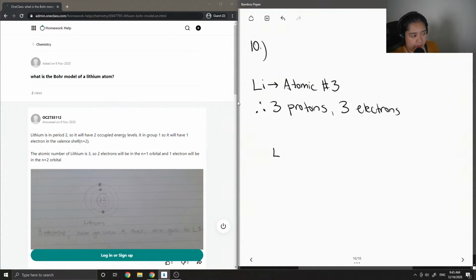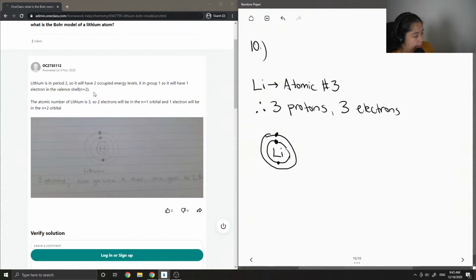So if we were to draw its Bohr model, we'll draw 2 electrons in the inner shell and then 1 in the valence shell. Okay, so this is the Bohr model of a lithium atom.